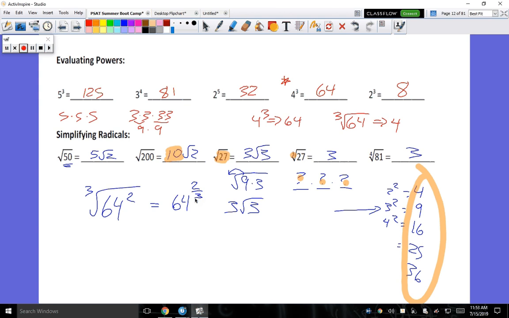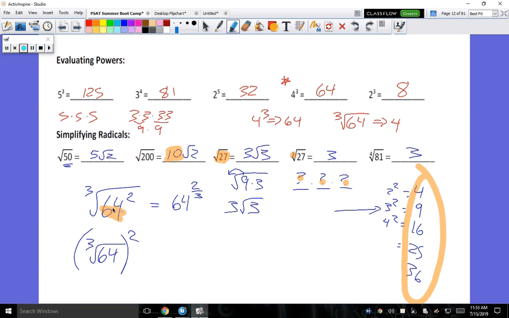Yes. Is this the same as that? No, it is. All of these are linked with multiplication. And what did you say with me earlier? Does order matter with multiplication? No. So you could do it in any order.